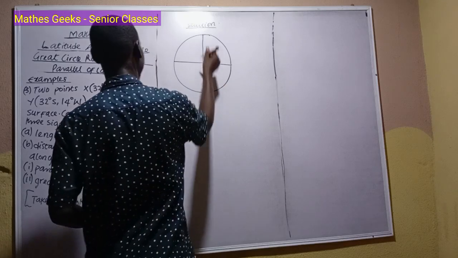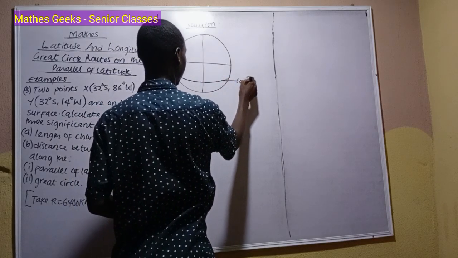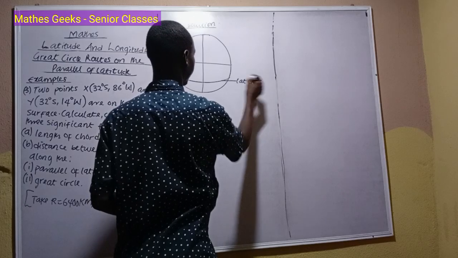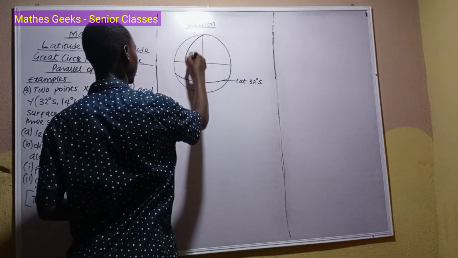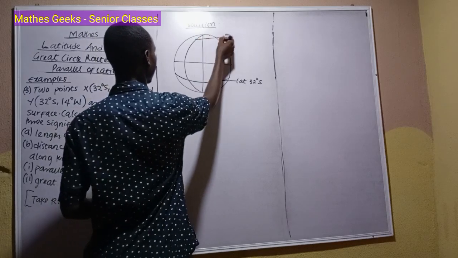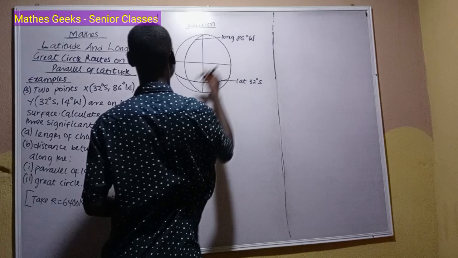So X is latitude 32 degrees south, longitude 86 degrees west.